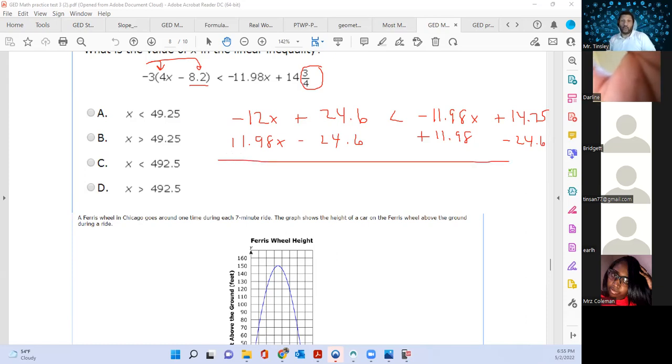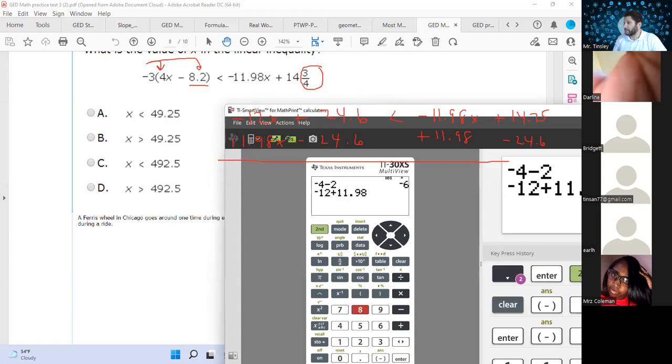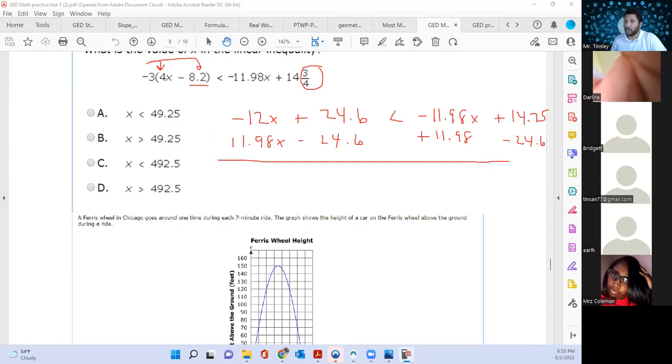Okay, now I don't know what these are and I don't feel like taking any chances. So what am I gonna grab? Your calculator. My calculator: -12 plus 11.98. I got -0.02, right? So I'm gonna put that in. Minus 0.02x, 24.6 cancels, less than.